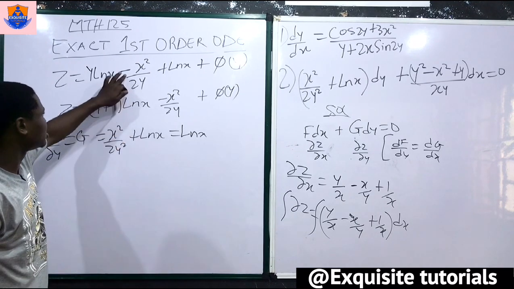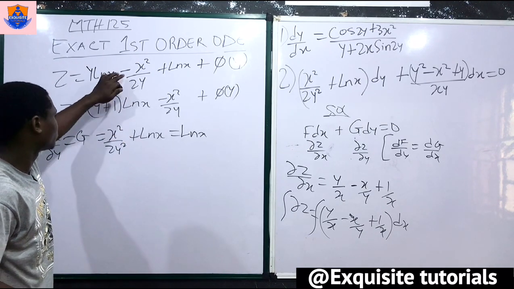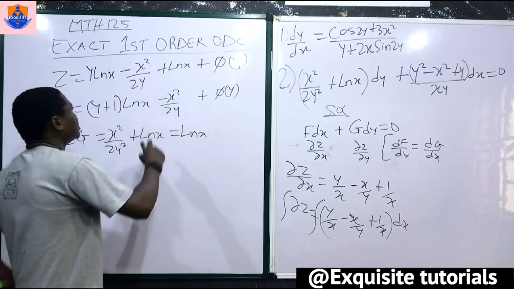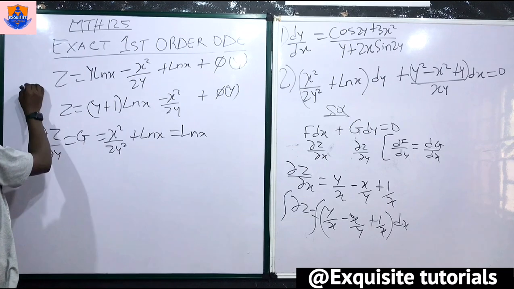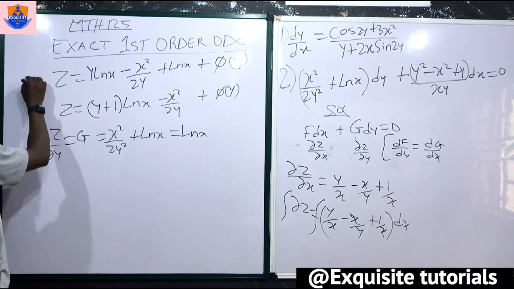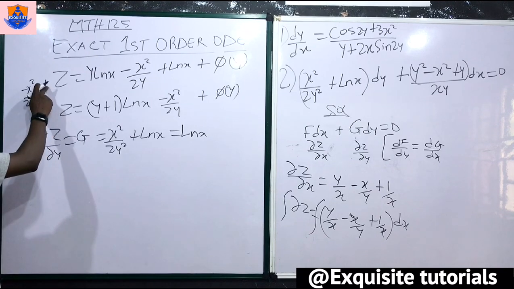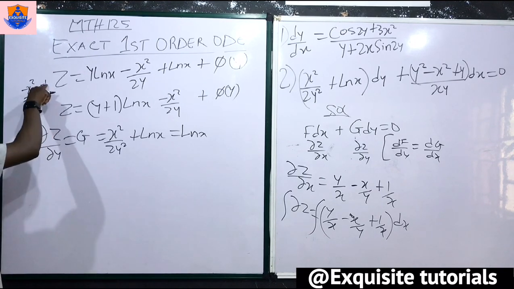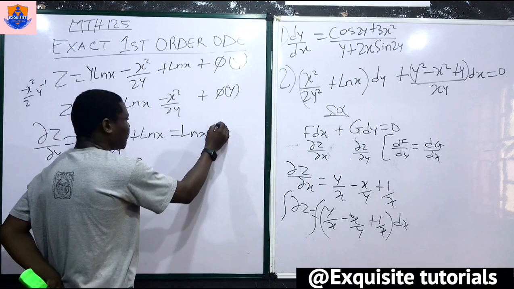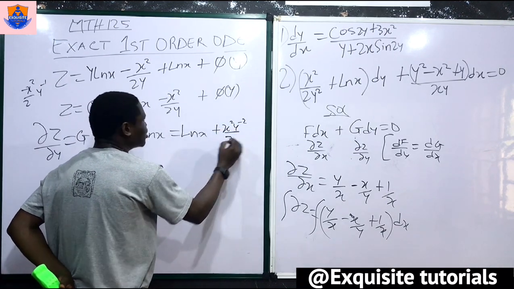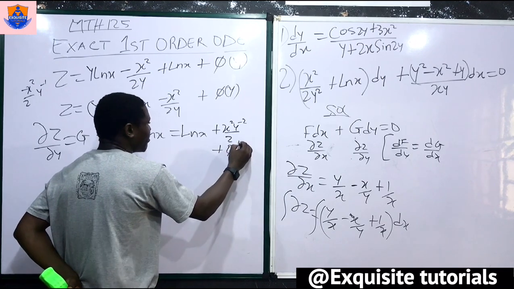Then if I'm differentiating this with respect to y, this is the same thing as saying minus x over 2, then y raised to the power minus 1. So if I differentiate this with respect to y, this minus 1 comes here. I'm going to have plus x squared y to the minus 2 all over 2. Then plus phi prime of y.